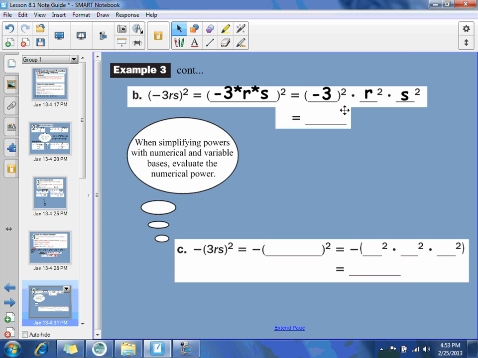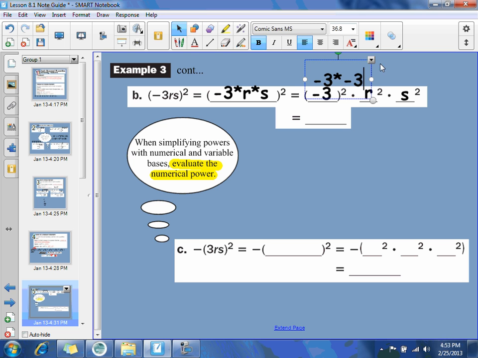Now, you can simplify some of this. If you've got numbers with exponents, evaluate the numerical power. Only do that if you have numbers and variables around. Well, think about it. This is -3 times -3. What would that give you?